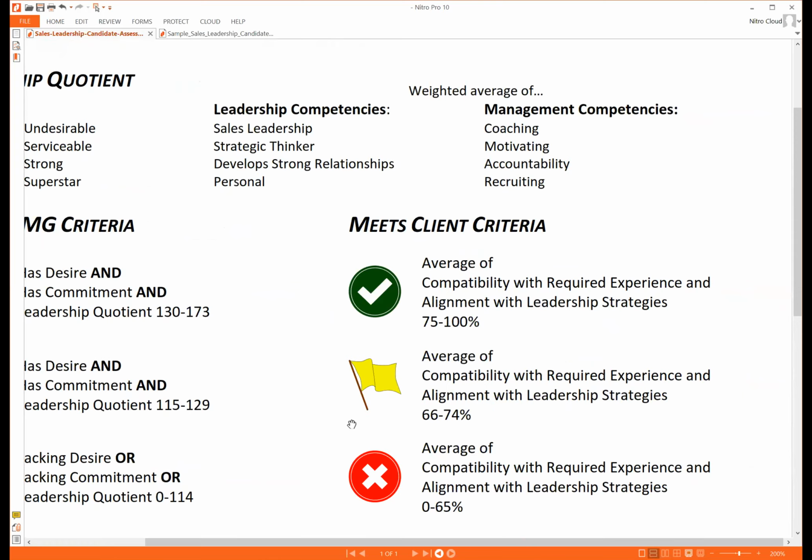We average those two numbers together, and if that average is 75 to 100, they meet the client criteria. If it falls into 66 to 74, they're moderate on their client criteria. And if it's in the 0 to 65 range, they don't meet the client criteria.